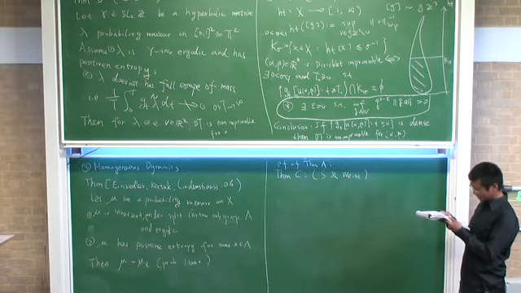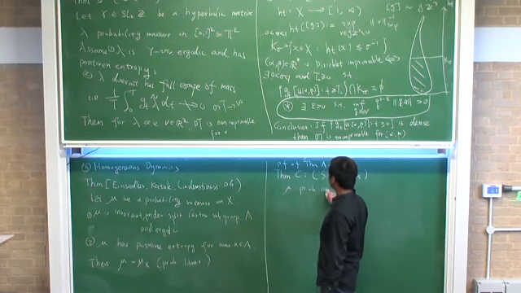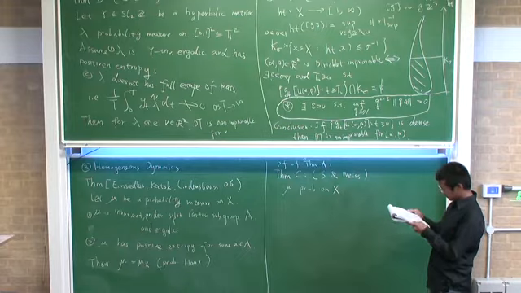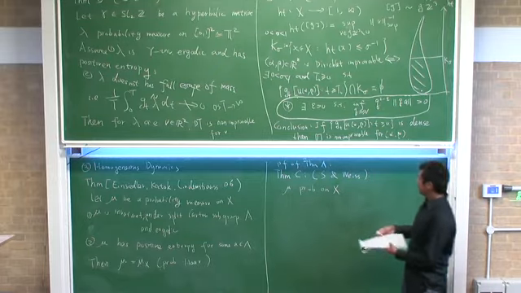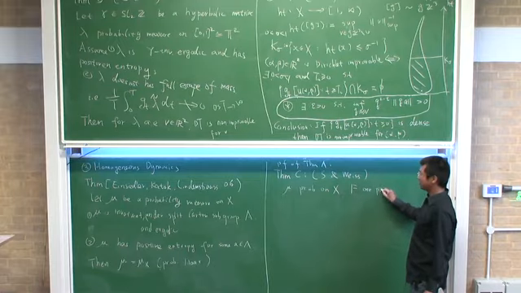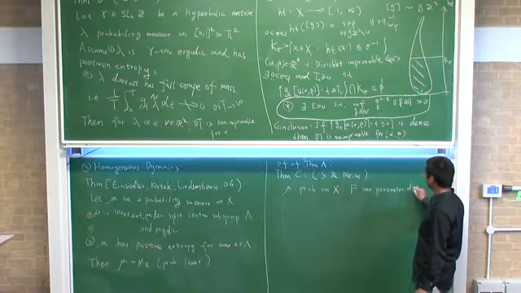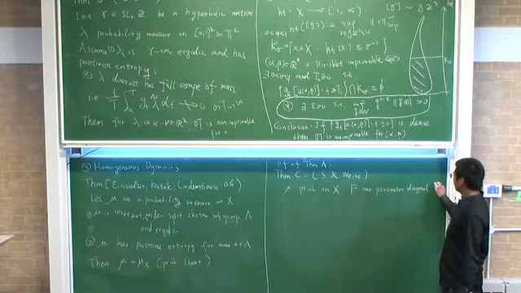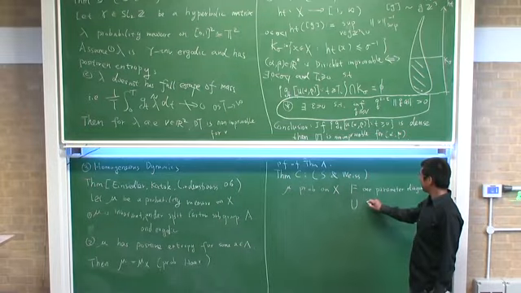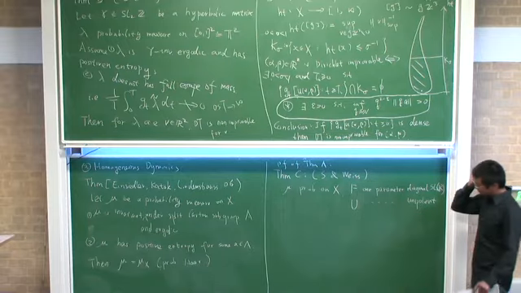So let mu be a probability measure on X, and let F be a one parameter diagonal group, diagonal over R, one parameter diagonal in SL_3(R), and U be a one parameter unipotent subgroup in the group.